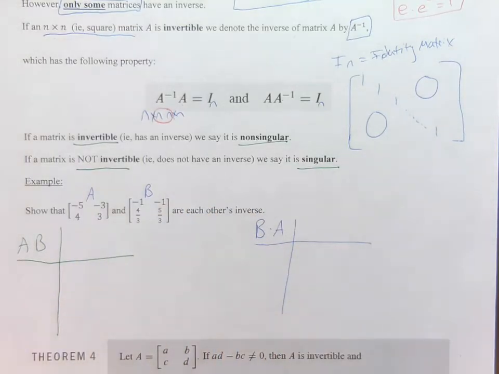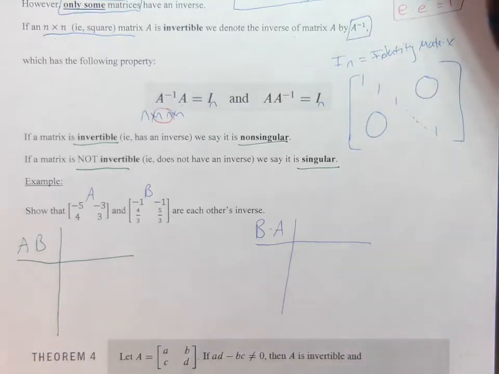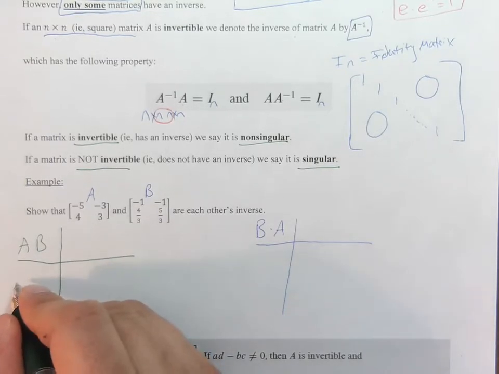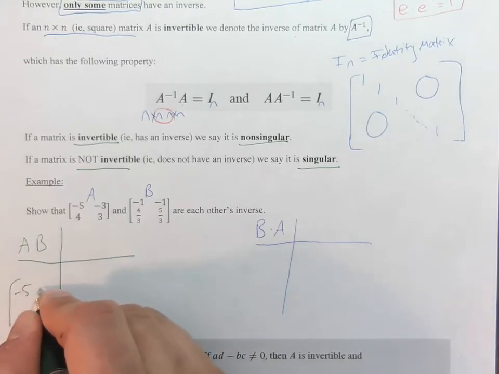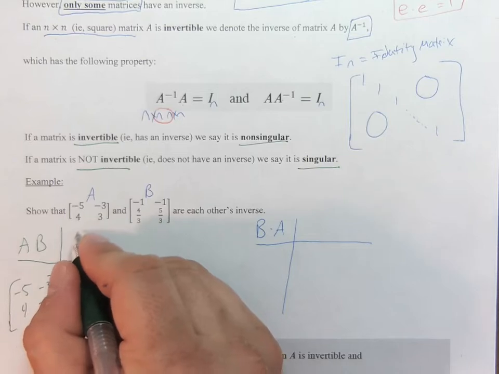I would encourage you to try this yourself, and again, you should know how to multiply matrices from the last section, so see if it makes sense and see if you can get it, and I'll start writing it down. Remember, the way we do this is you write the left-hand matrix down here. There's my A. And then you write the right matrix on the top here.